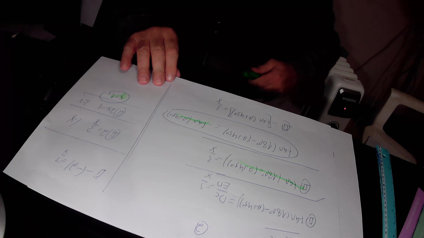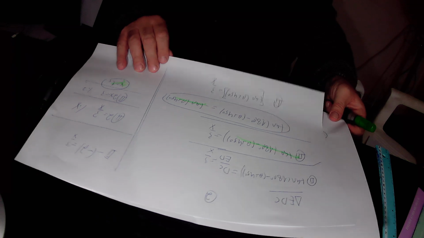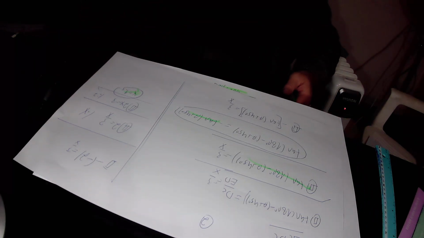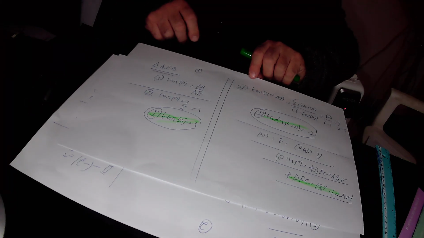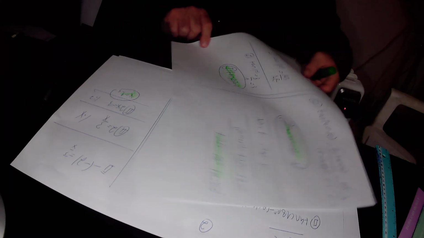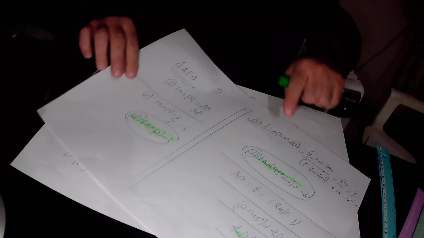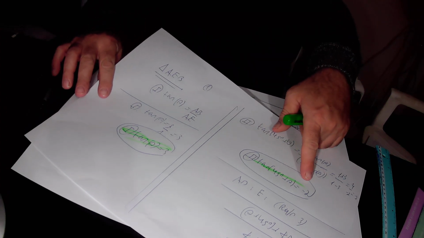But we already found out that tangent of (45 degrees plus theta) equals 2.